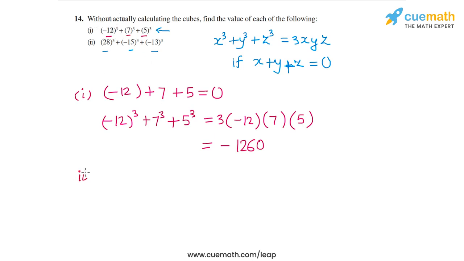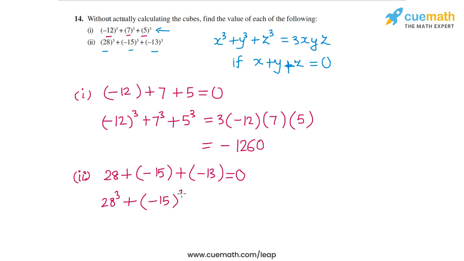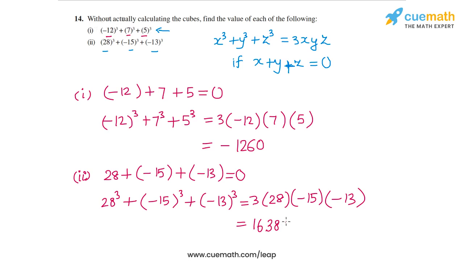Now let's do the second one. In the second one, we have 28, minus 15 and minus 13. So again, 28 plus minus 15 plus minus 13 is equal to 0, which means that 28 cube plus minus 15 cube plus minus 13 cube will be equal to 3xyz, or 3 into 28 into minus 15 into minus 13, and this is equal to plus 16,380.